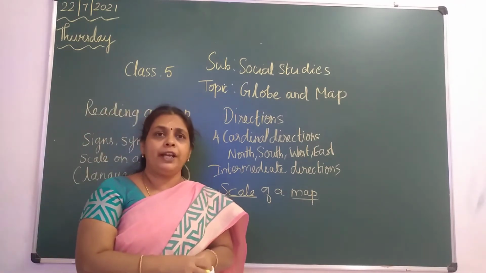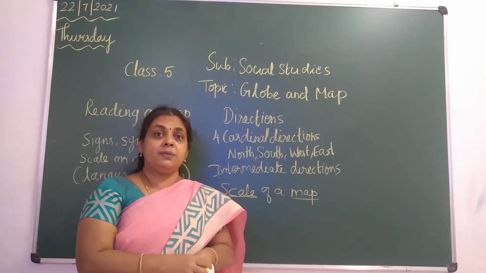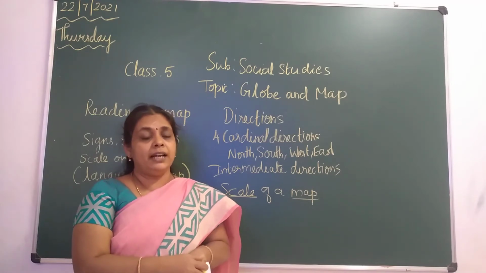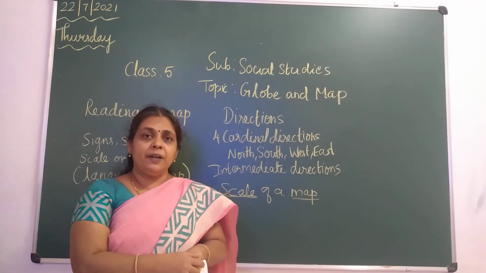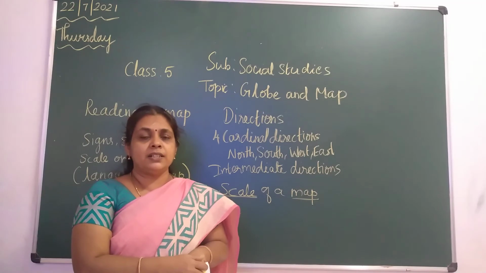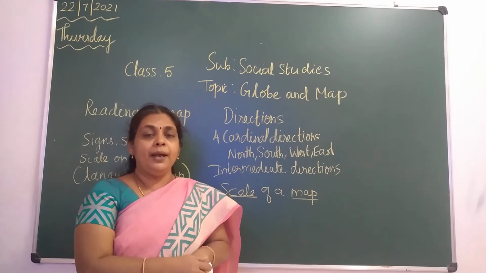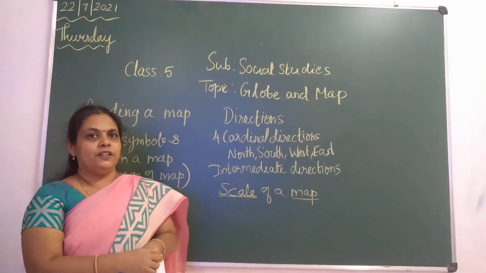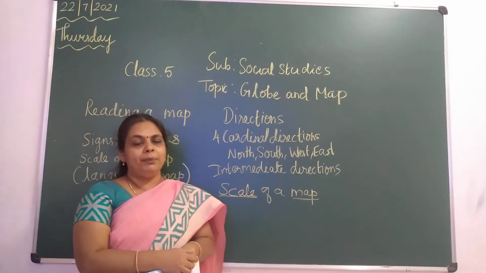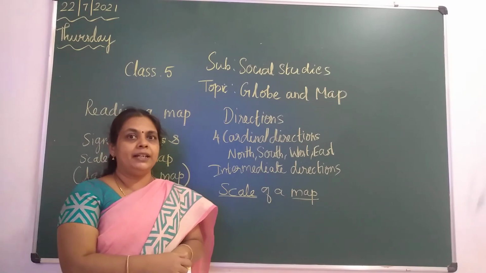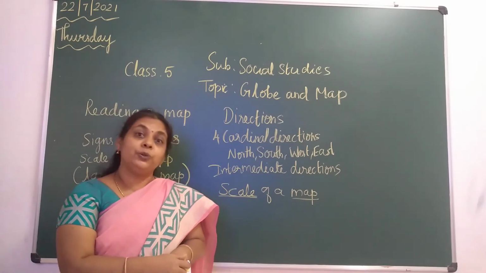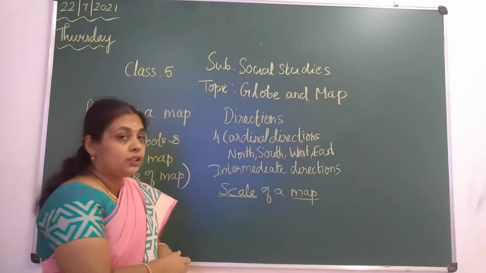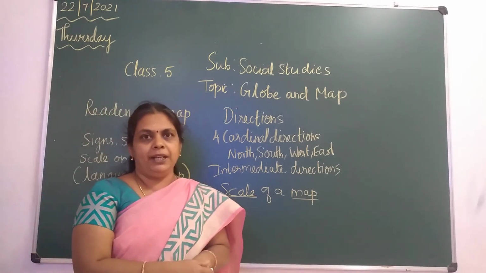How to show a longer distance, the distance between Delhi and Bengaluru, or between Kolkata and Chennai? The distance is more, no, children. So how would they show it in a map? They will use the scale, children. You could have learned 1 meter is equal to 100 centimeter, 1 kilometer is equal to 1000 meters, like that in maths. That concept they are applying here, children.